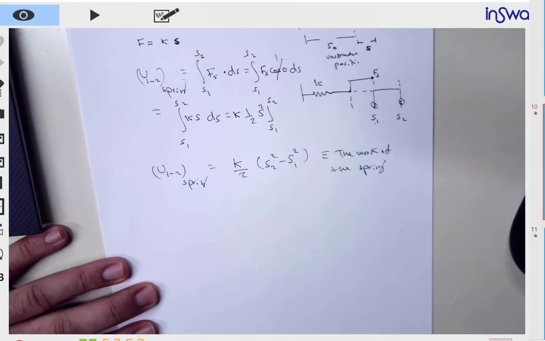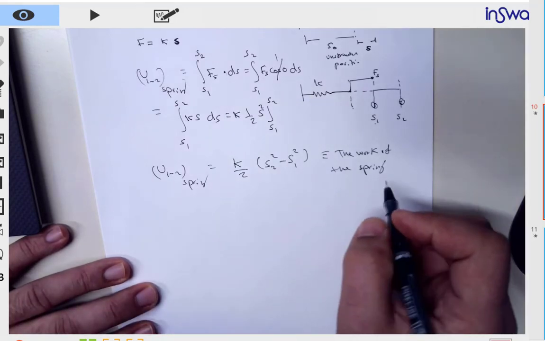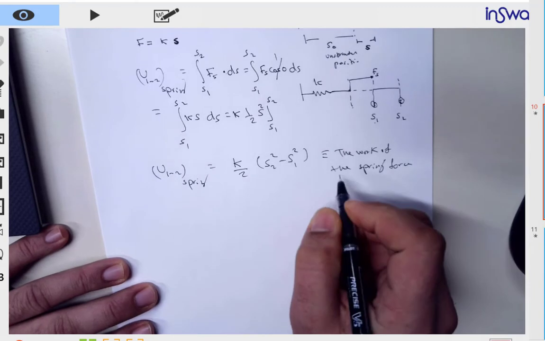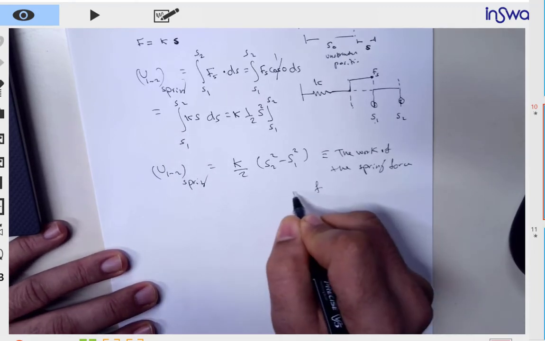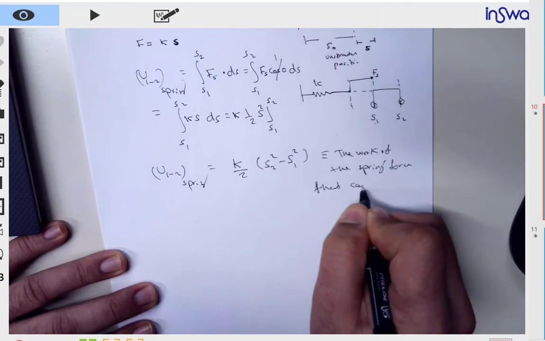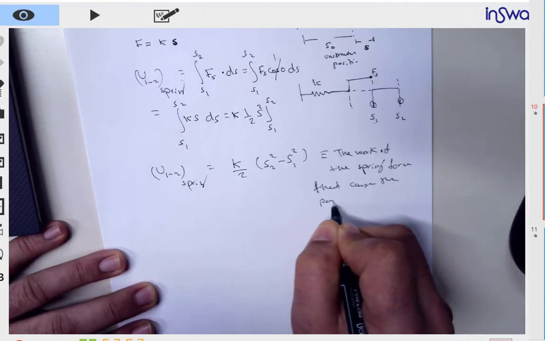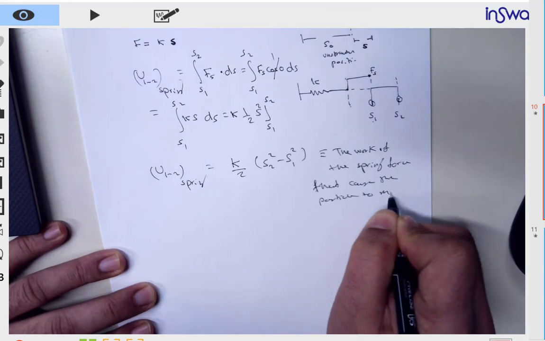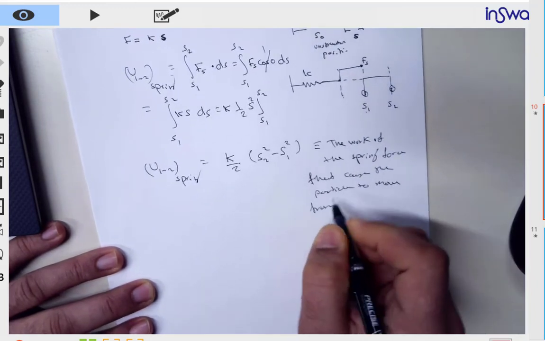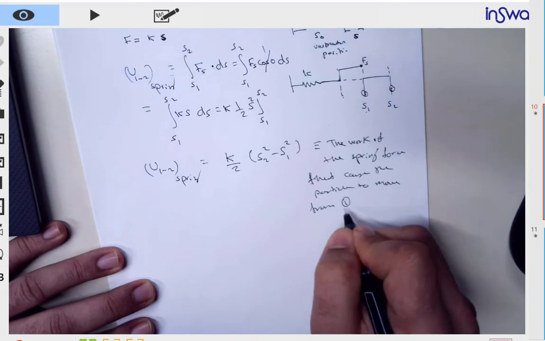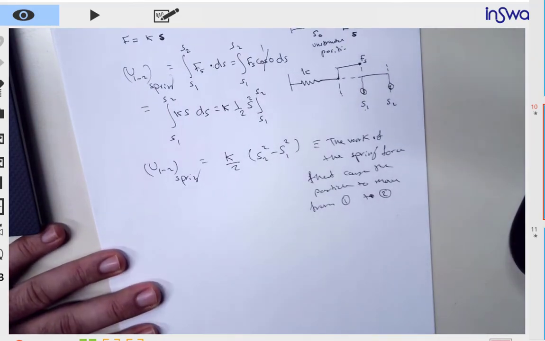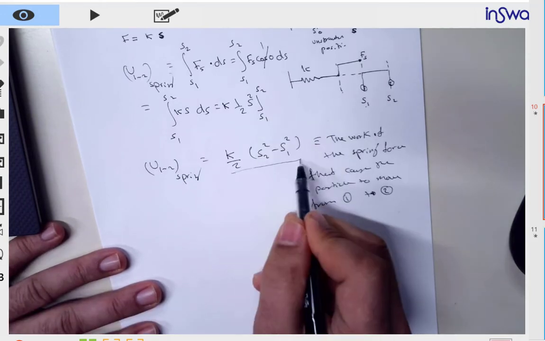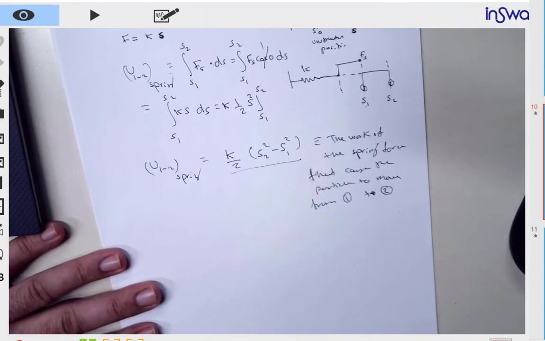The work of the spring force that causes the particle to move from position 1 to position 2, from S1 to S2, is given by that, right?